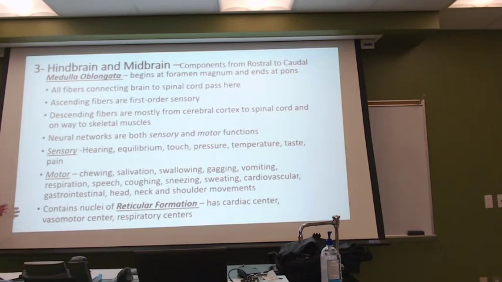We're going to find that in this area where we have what we see as parts of the medulla oblongata, we're going to see that we've got the parts of the midbrain, we've got these parts.